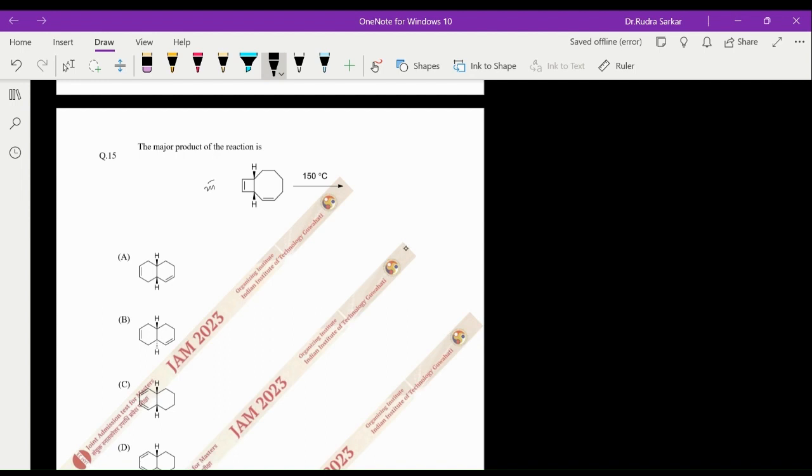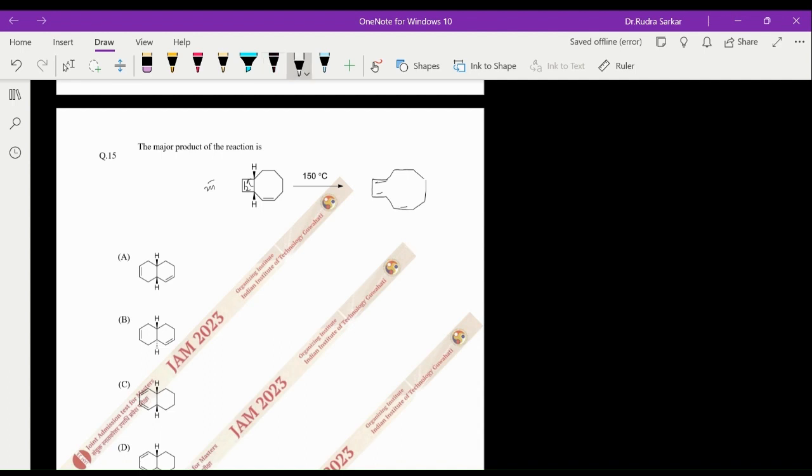Okay, so we can think this bond going here and that coming over here. So the next molecule that we can think to be formed will be having the following structure.